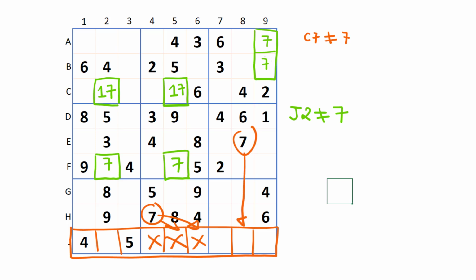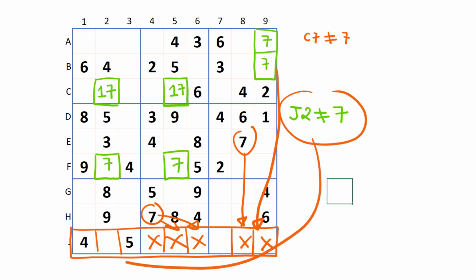In column 8, the number 7 already exists, so cell J8 is not 7. In column 9, the number 7 only exists in cell A9 or B9, so the number 7 cannot exist in cell J9. And J2 is not the number 7 as proven in the previous step. Conclusion: in row J, the number 7 is in cell J7.